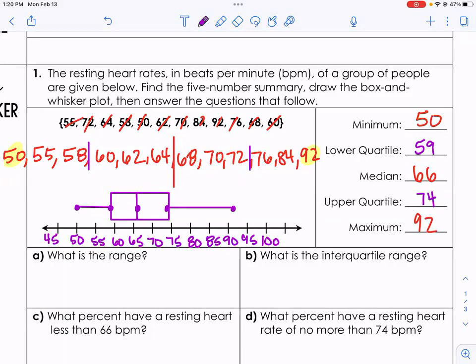Okay, so there's a lot of things I want to talk about with this particular problem. Because we're finding the median, the middle, and then we're cutting the lower half in half, and we're cutting the upper half in half. What is this 5-number summary doing?